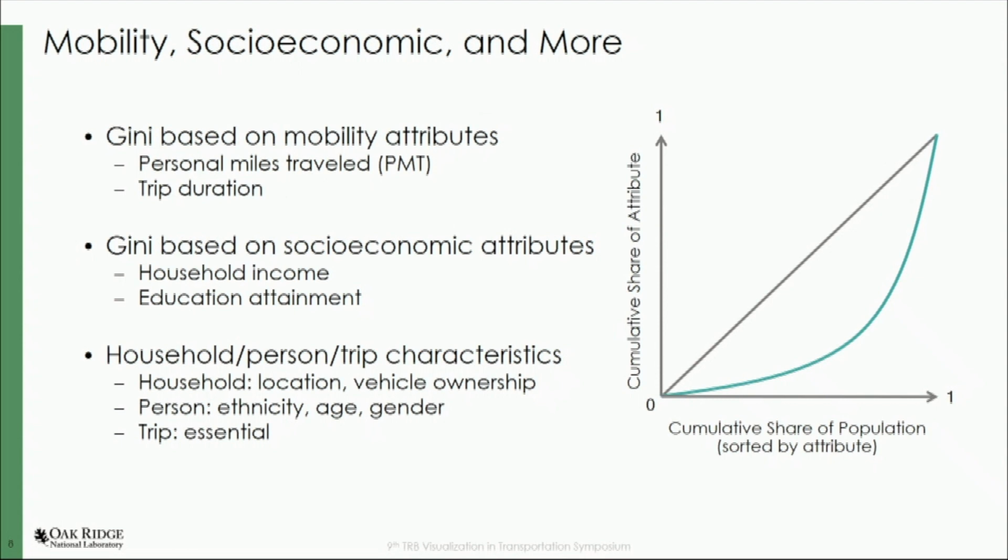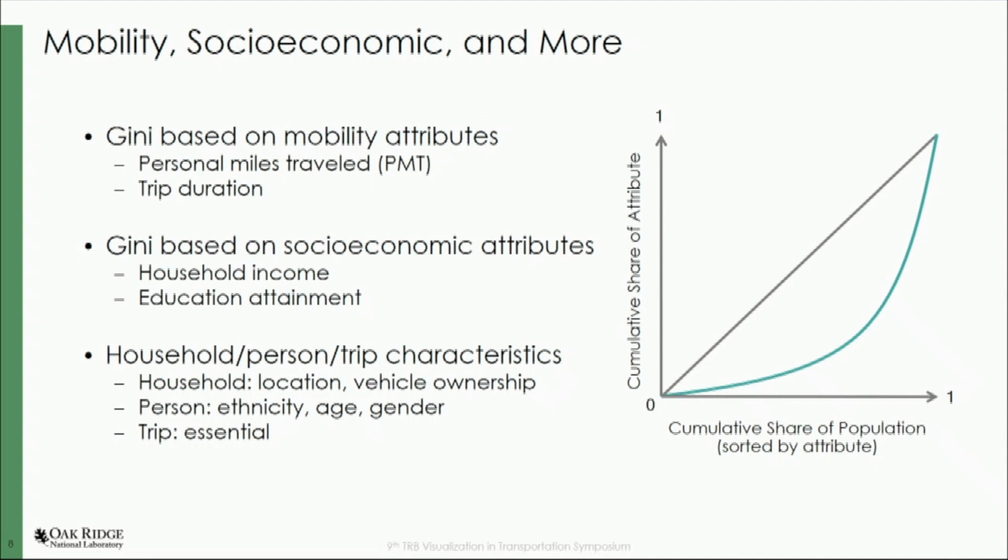The assumption is that you tend to spend more time traveling if, for example, you cannot afford a car, so you will be taking transit. And most transit systems require longer travel time. So that's something we will look into as well. In the meantime, we're also using some socioeconomic attributes, including income and education.